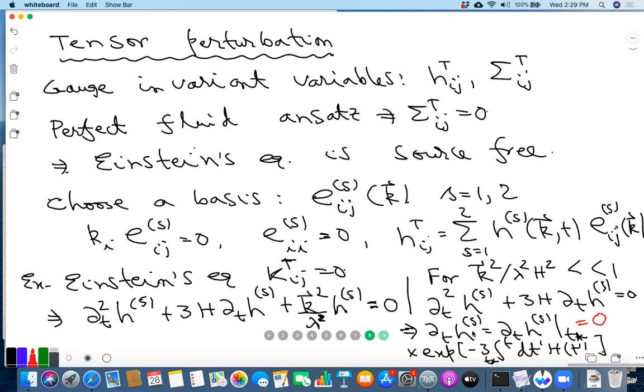And this tells us that ∂_t h_s is 0 for all time. So this implies that h_s is constant, and hence h_s at t is basically h_s at t star. So once you have calculated the tensor fluctuation at t star, that automatically gives the tensor fluctuation at the time of last scattering. Again, this is for the super horizon perturbations. For sub horizon, this term will play an important role.